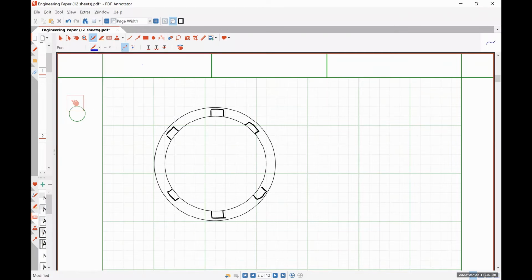And I'm going to make this one blue. Take that back. I'm going to make that one black.